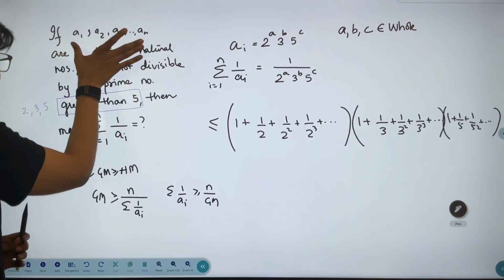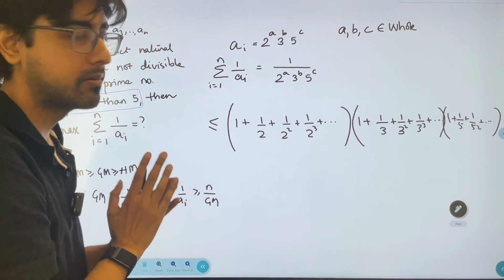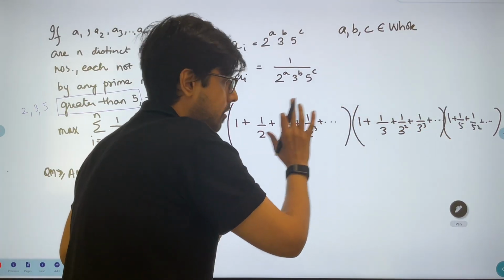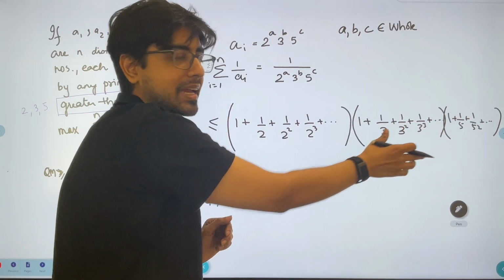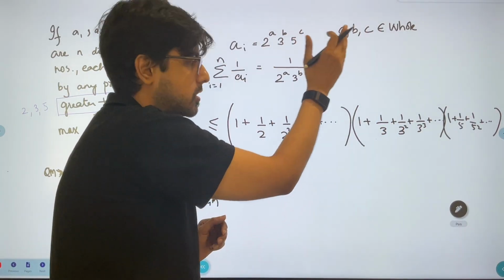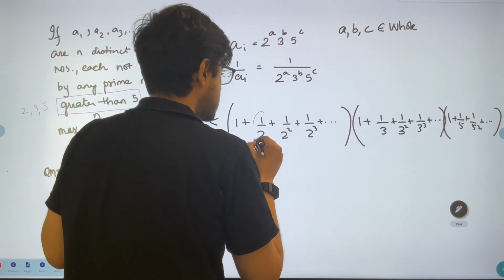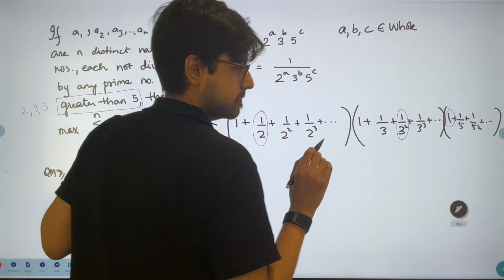I have finite number of terms in this case, right? But if I take any term from these three brackets, and since it is a multiplication of each bracket, I need to choose one term from here, one term from here, and one term from here. Let us say I choose this term and this term, right?